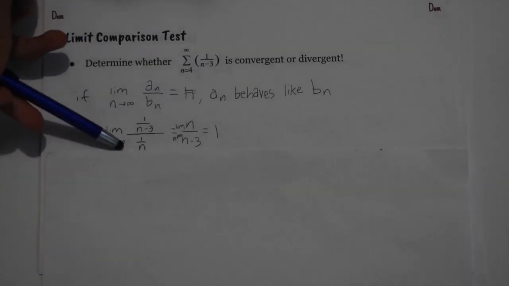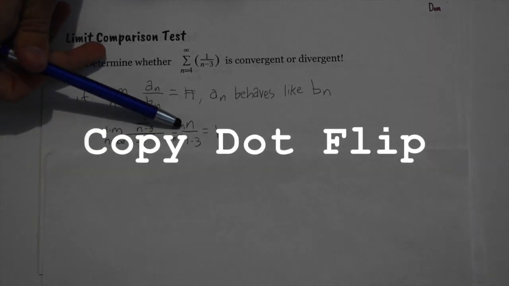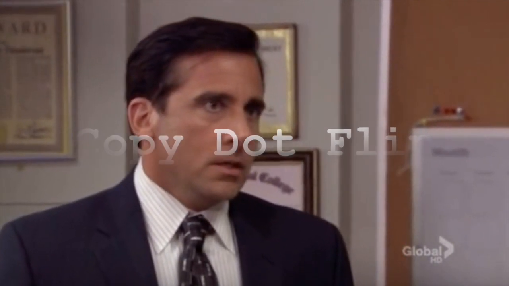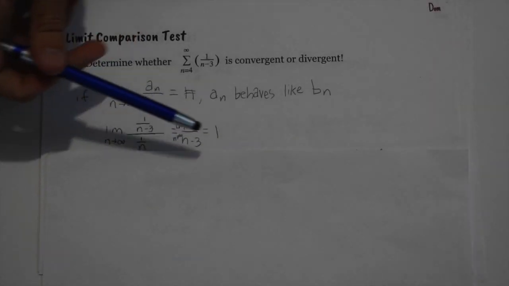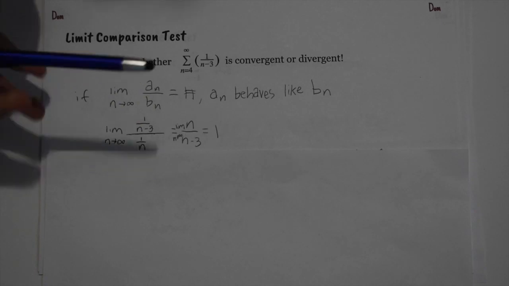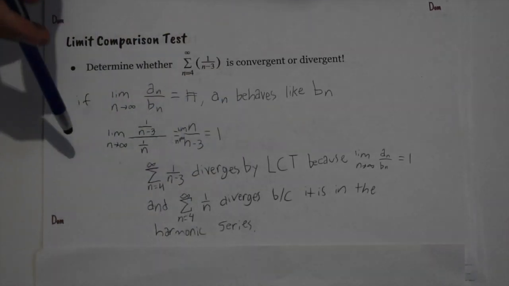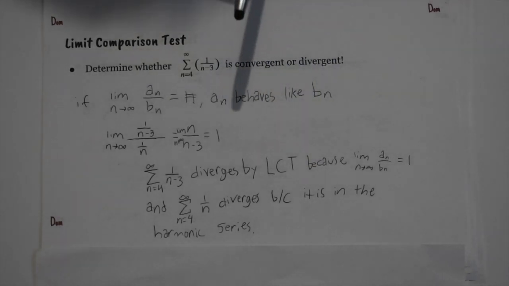There, I took the limit, copy dot flip it right here. And that equals 1. That is a number. Nice. That means this all must diverge because we know that 1 over n diverges.